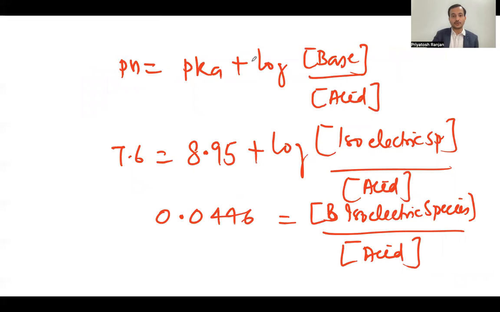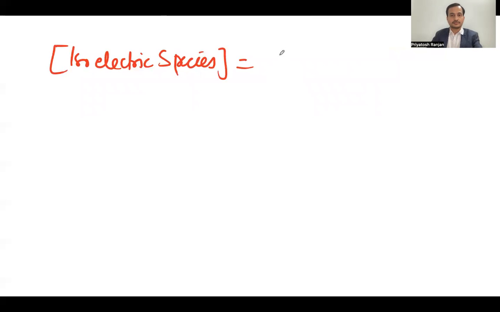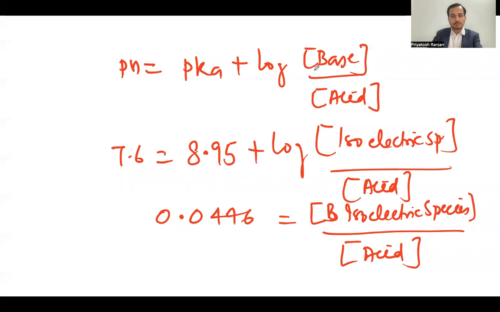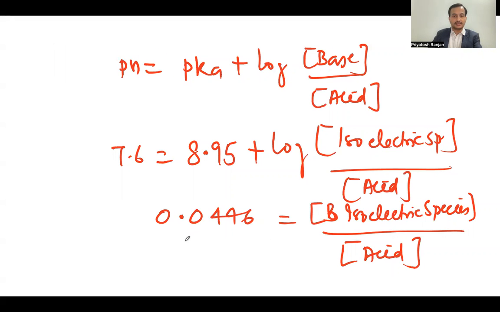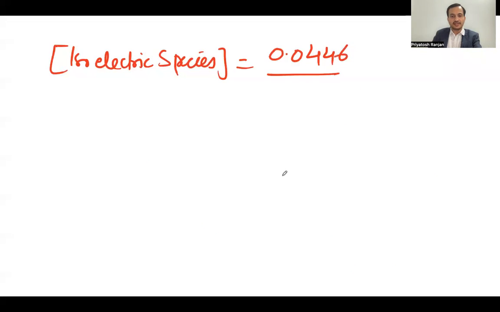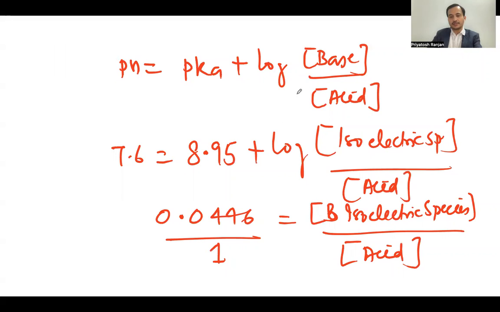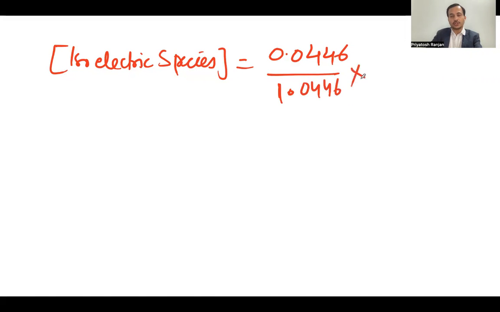Because the ratio is 0.0446 by 1, the concentration of the isoelectric species, which is the lysine in a near neutral state, is going to be present in the form of 0.0446 divided by 1.0446 of the total.